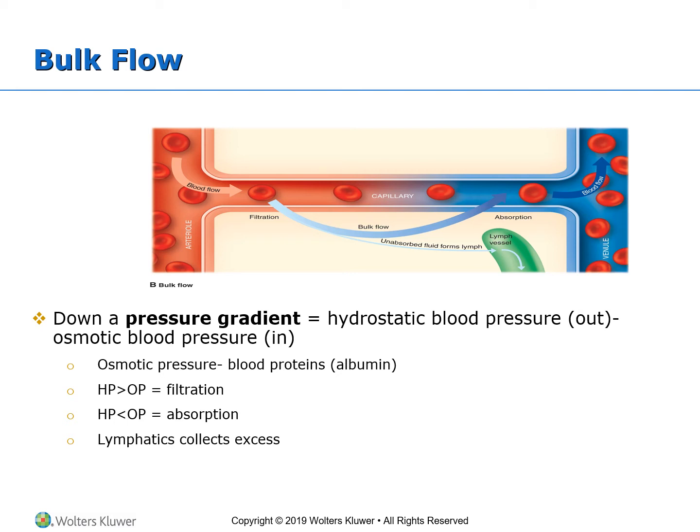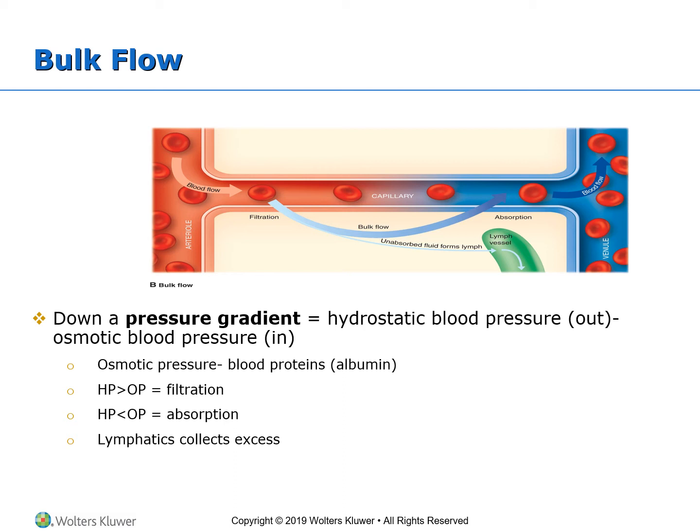And we have the osmotic pressure. And the osmotic pressure is given by the amount of albumin that exists in the blood also. So there is a difference between the hydrostatic pressure given by the water component and the osmotic pressure that is given by the amount of albumin, by the proteins.